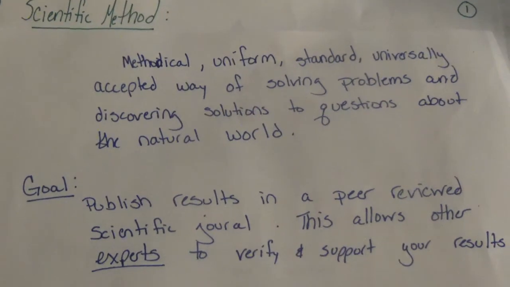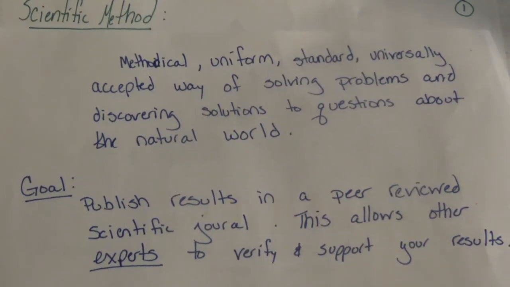The goal of science, the goal of doing experiments, your overarching goal when we write a lab report and when we follow the scientific method, is to hope that we can publish our results in a peer-reviewed scientific journal. You want to publish your results in a scientific journal so that other scientists can get their hands on it, try to support the information that you shared, or refute it, or change it, or add to it and build upon your idea.